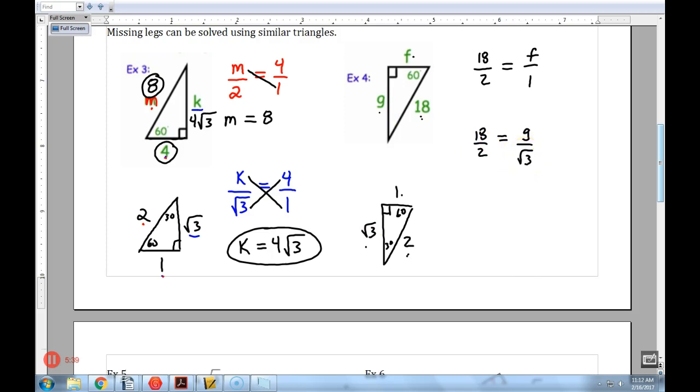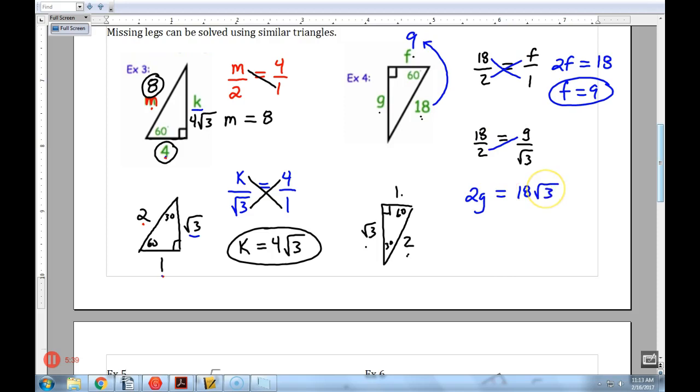And solving both of these, I will get 2f equals 18, which tells me f equals 9. So this is 9, which, knowing the pattern, I should understand that. The smallest side's half the hypotenuse. And this one, when I cross multiply, I'll get 2g equals 18 radical 3.